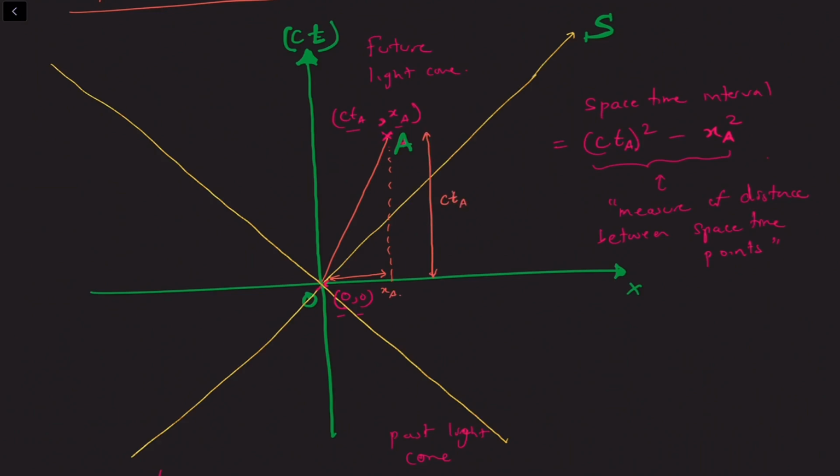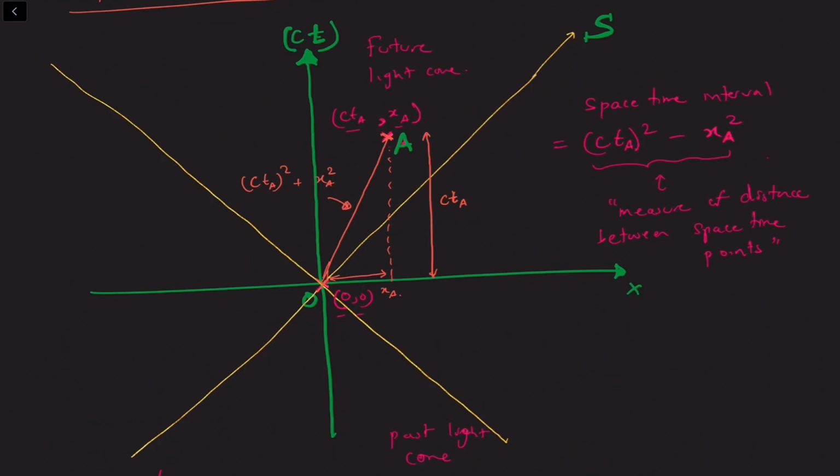So this distance from here to this point, okay, if I just take a ruler and hold it up against this distance, what I would measure by the Pythagoras theorem would be cta square plus xa square.